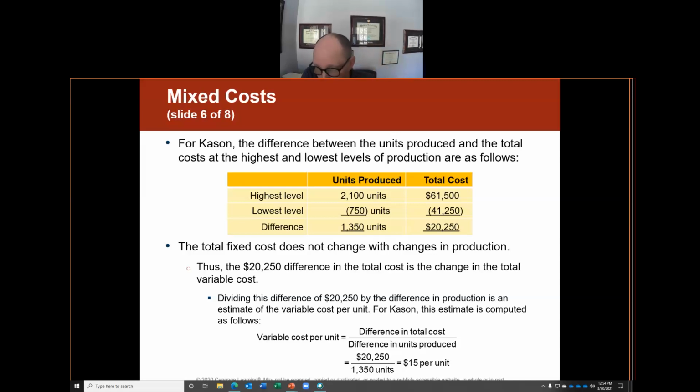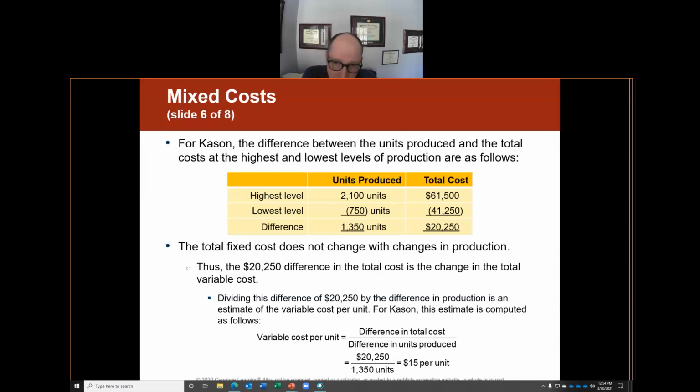Okay, now we found using the high-low method, high minus low equals the difference. That's the first step, yes? Well, the first step is finding the high and the low. Second step is finding the difference. Now that we found the difference, we need to find the variable cost per unit. How we do that is we take the difference in total cost divided by the difference in the units produced.